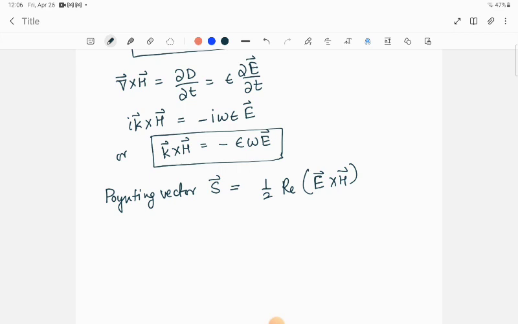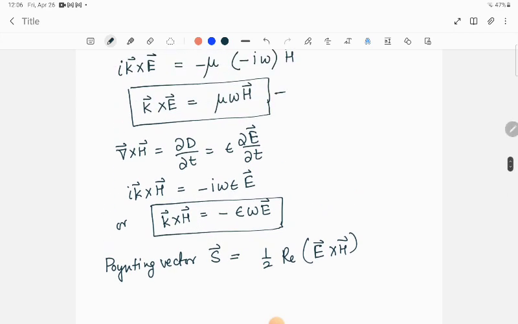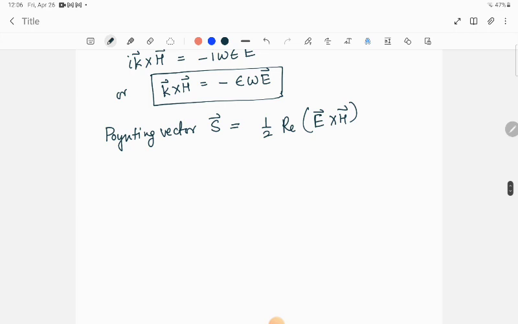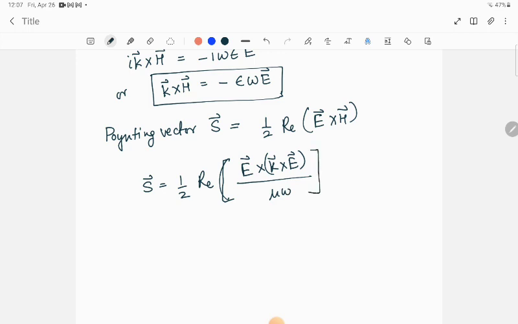From this relation, we can write H as k cross E by mu omega. If we substitute it here, the S vector becomes half the real part of E cross k cross E by mu omega. How do we get further?